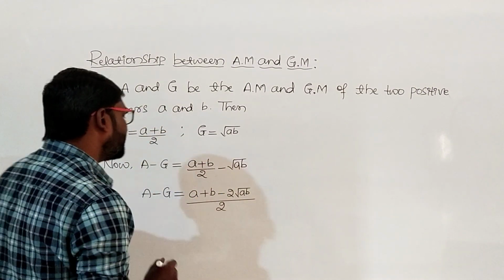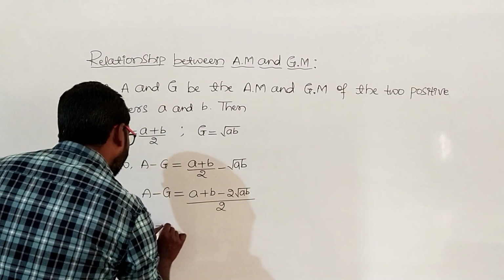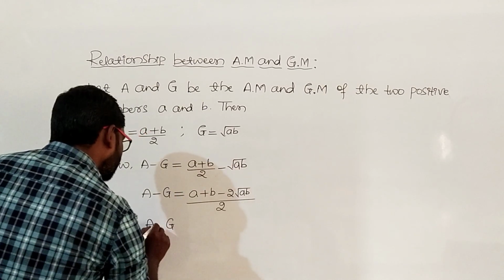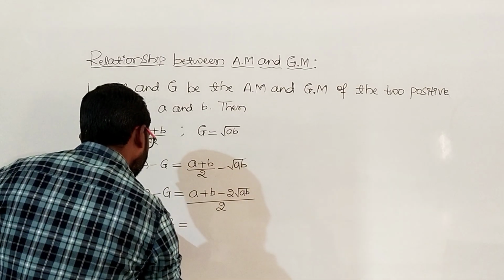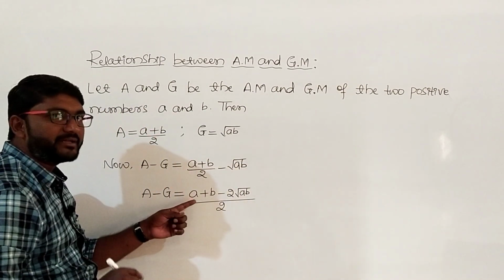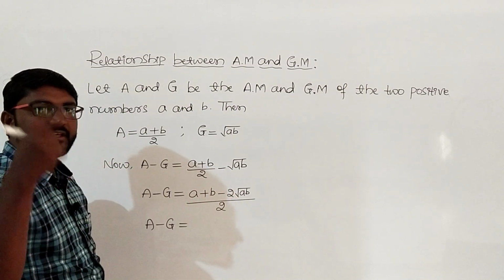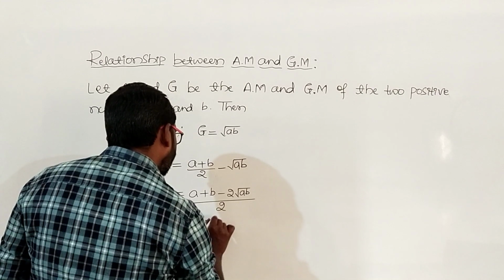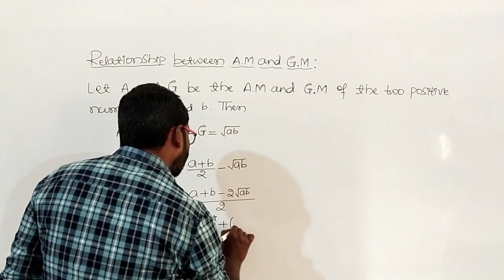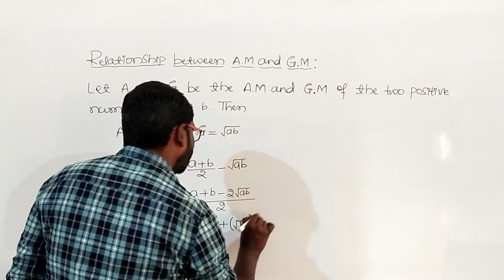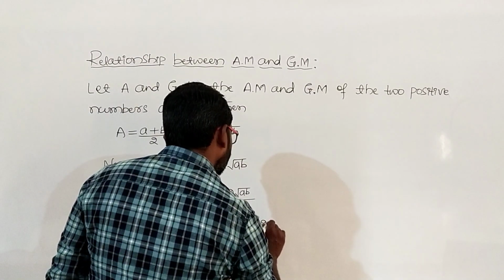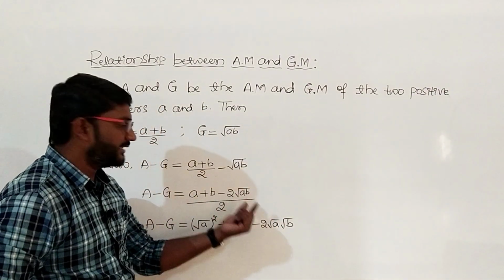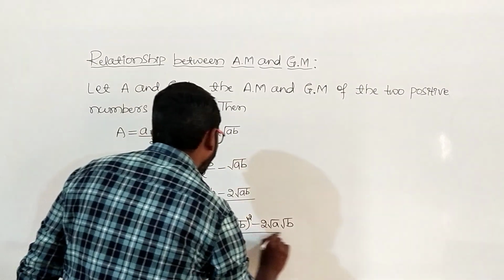Now the numerator can be written as: a can be written as root a the whole square, plus b can be written as root b the whole square, and minus 2 times root a into root b. Root ab can be written as root a into root b, then whole divided by 2.